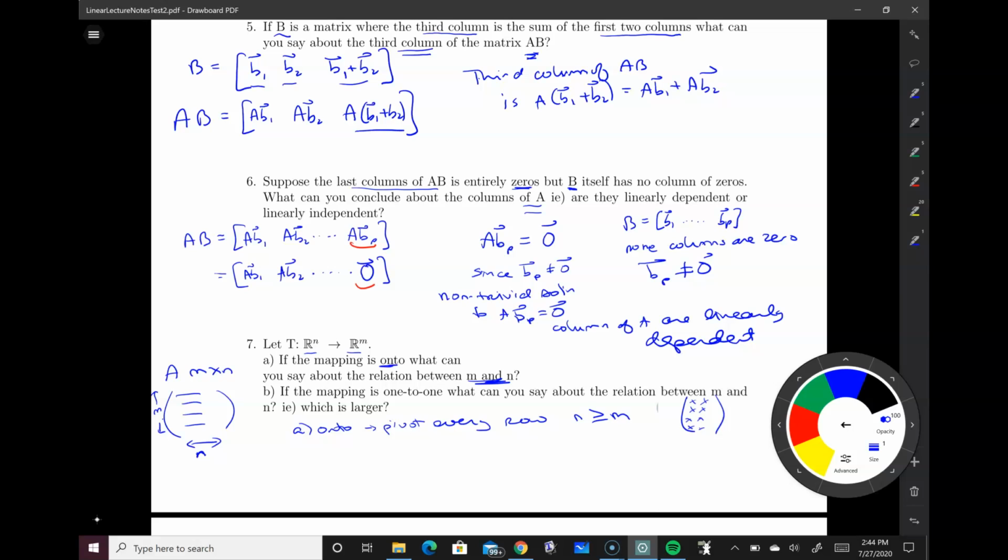So n, the distance this way, has to be bigger than or equal to the distance this way. Okay, so what do I know about one-to-one? In order to be one-to-one, I have to have a pivot in every column. So that must mean that m has to be bigger than or equal to n. In order to have a pivot in every column, m has to be bigger than or equal to n.